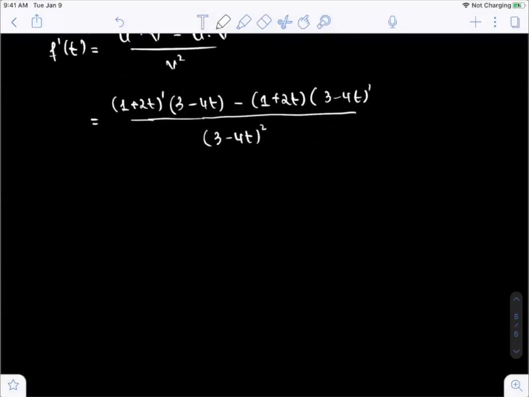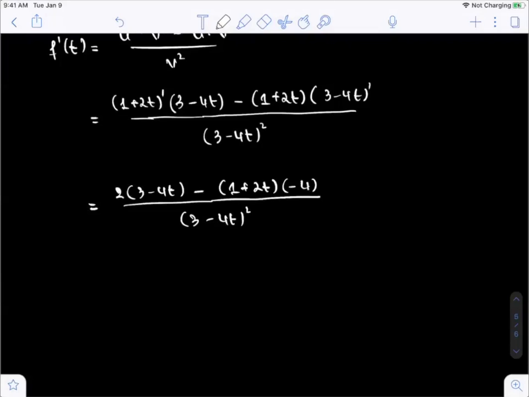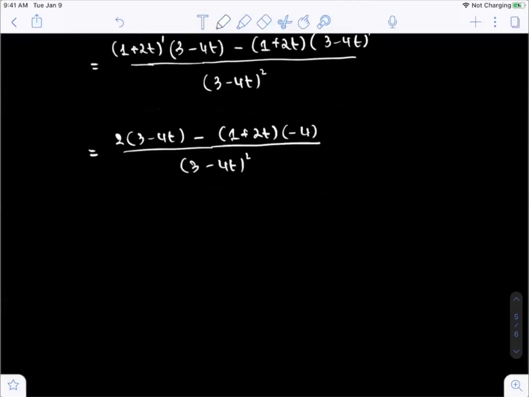All right, so take the derivative of this. I have 2 times 3 minus 4t minus 1 plus 2t times -4. When you take the derivative of 3 minus 4t, the derivative of 3 is 0, and the derivative of -4t is -4. So let's simplify the numerator and see what we get.